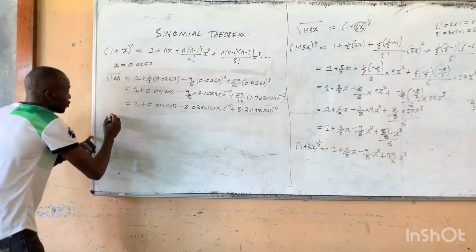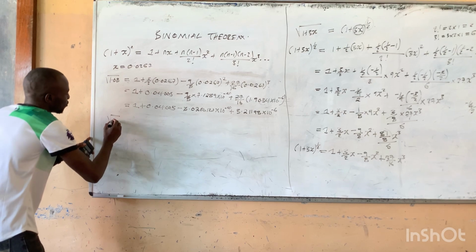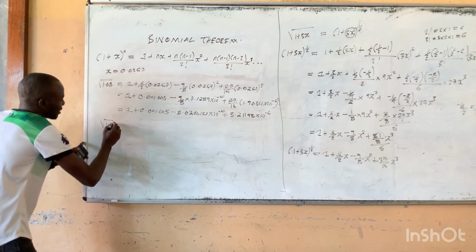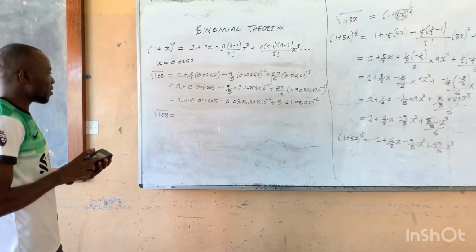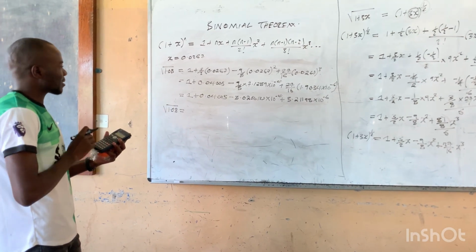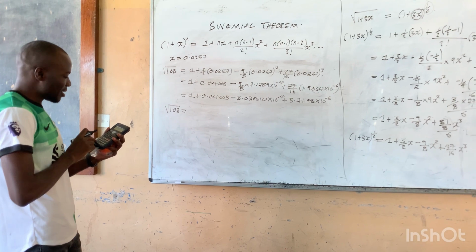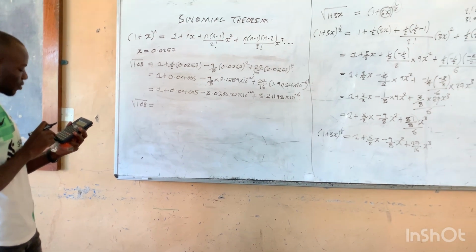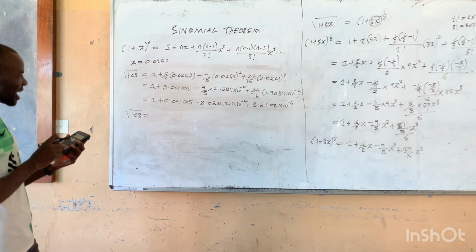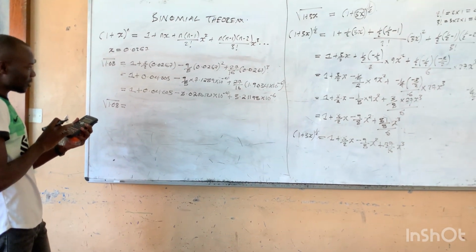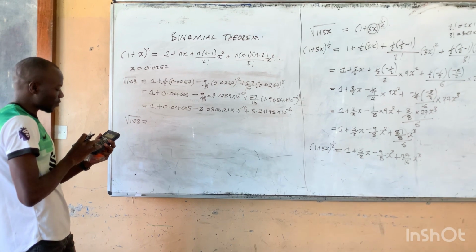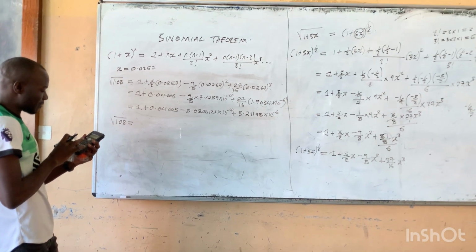So you need to write nicely. So square root of 1.08 is equal to, let's try to add what we have found there. So 1 plus 0.04005, minus 8.0200125 exponential -4.